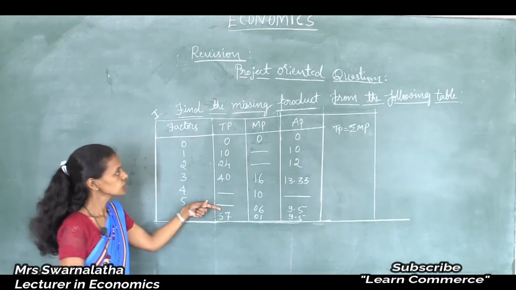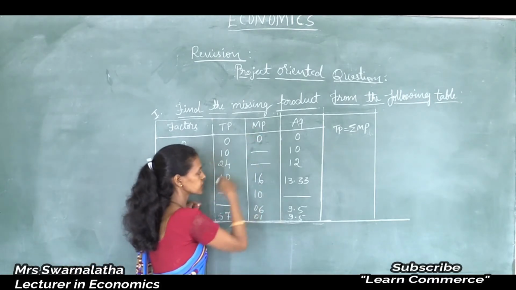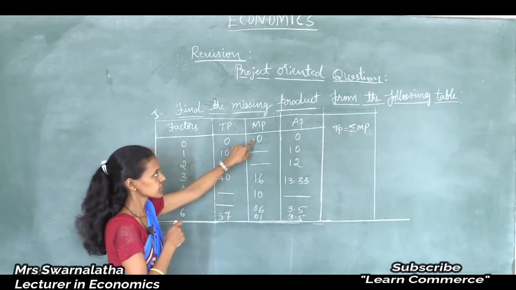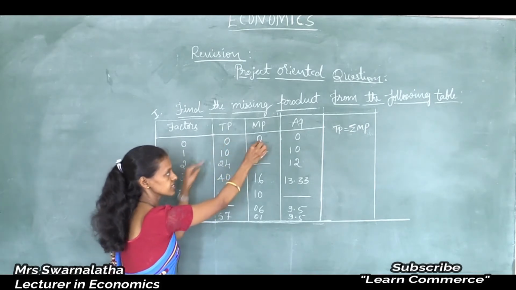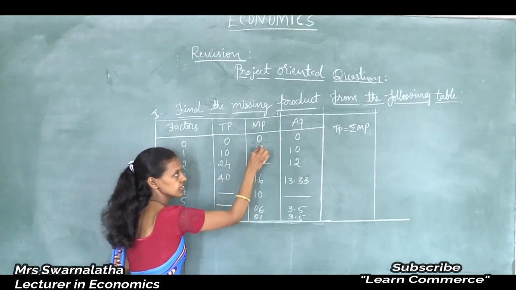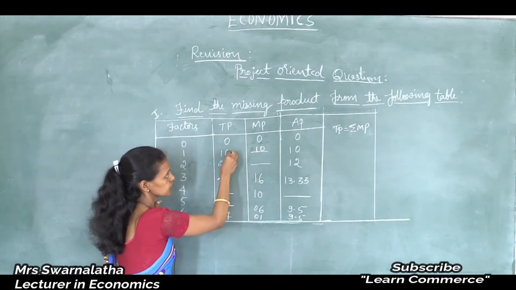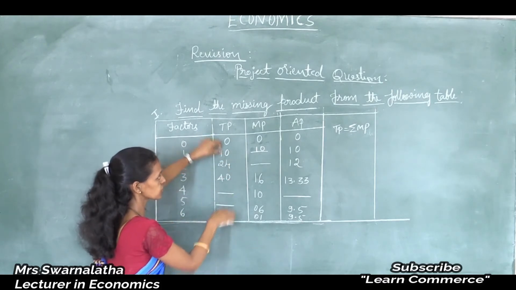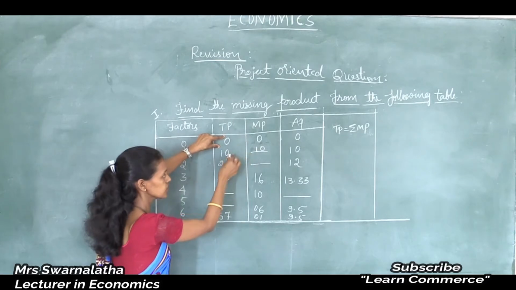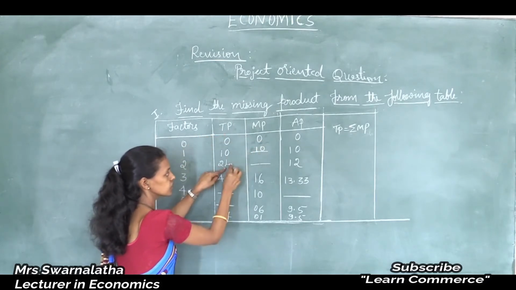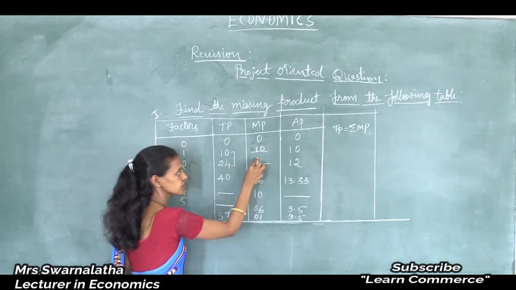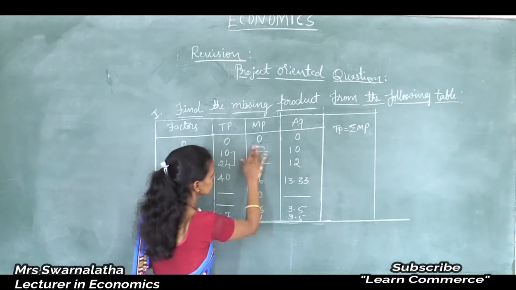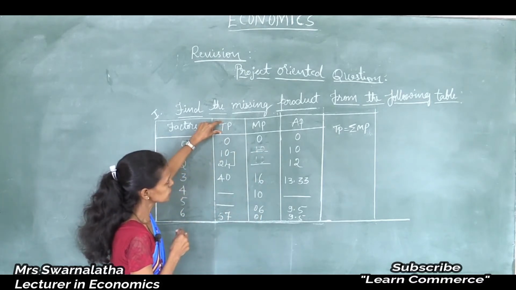Total product means adding all the marginal product, we are going to get the total product, summation of MP, adding the marginal product. 0, 0 keep as it is, 10 plus 0 is 10, TPN minus TPN minus 1. So 10 plus 24, that is 34, then 40, like that we are going to add the summation of MP. So here first we should find the total product.